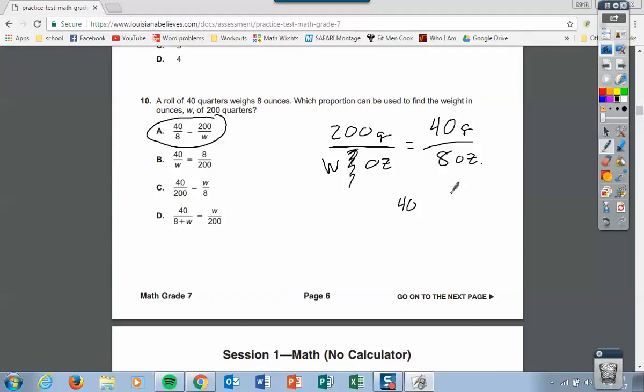For the other one, if I go 40 divided by 200 is equal to W divided by 8, the thing about this one is that notice how the 40, the smaller number, is in the numerator, but here the smaller number, the value that goes with the 40 and the 8, is the denominator. That one doesn't work. And then D, they're just trying to put in a bunch of variables to make your life more challenging for this one. So we get A is our correct answer.